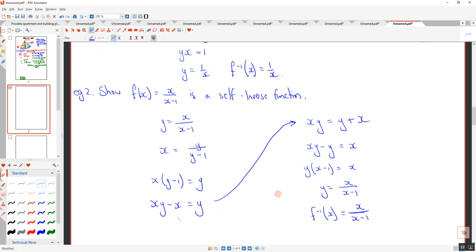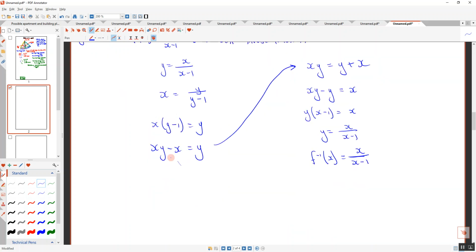So here's the working for showing that this is a self-inverse function. All good? Okay. Have a go at this.